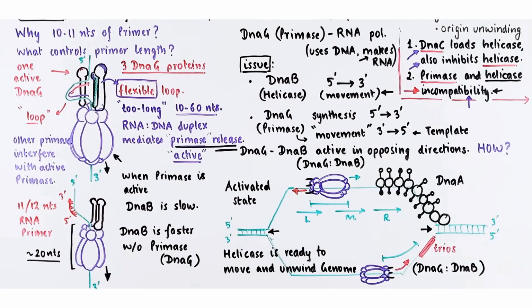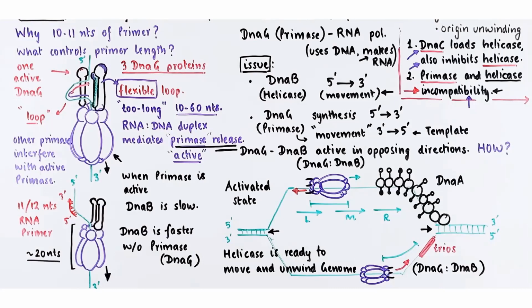And here is one last thing before we wrap up. When the primase is actively making RNA, the helicase is moving, and the DnaB movement is actually pretty slow. But when the active primase is released, the helicase is actually faster.